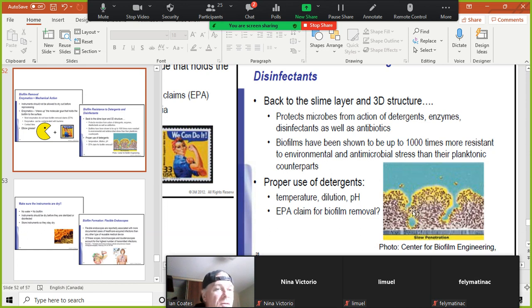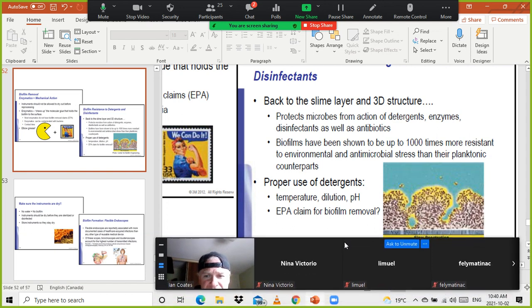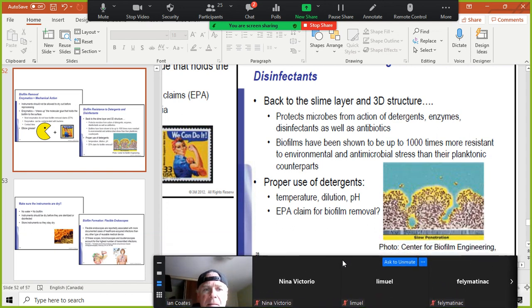So not only are the bacteria resistant, when we're talking about bacterial resistance and all these kinds of things, but the bio slime on its own is 1,000 times more resistant. What an effective way of surviving if you're a bacteria.